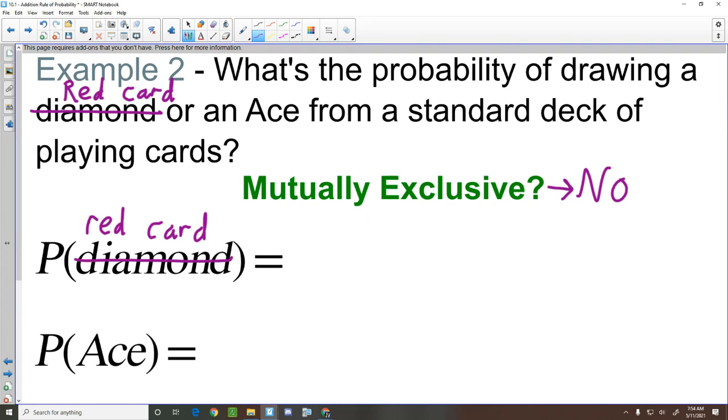So go ahead and calculate it out. Make sure you're using the correct formula. This would be that second one. Good.